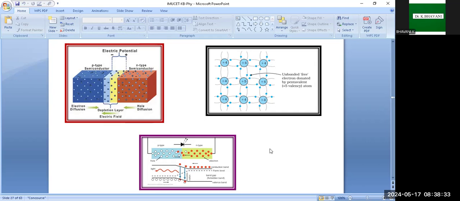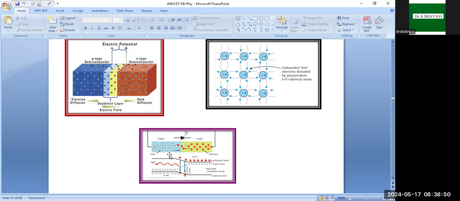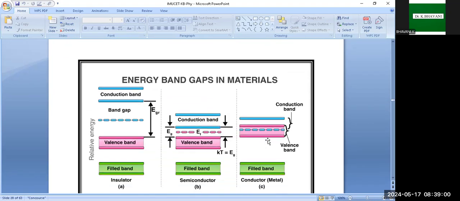In this diagram, the unbonded free electron is donated by the pentavalent atom, that is, an atom with 5 valency. In this diagram, guys, this p-type, n-type diode is obtained due to the configuration of this semiconductor only.